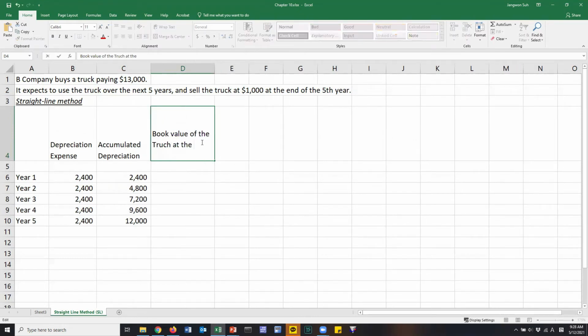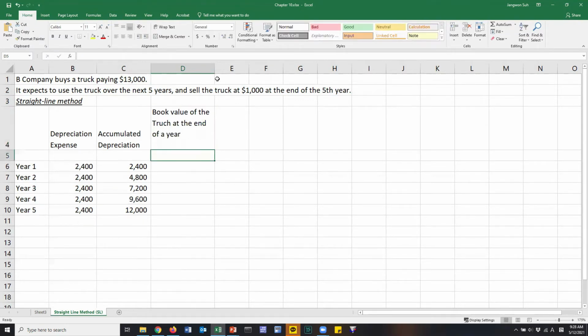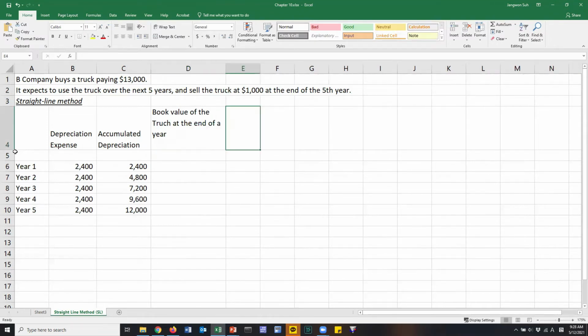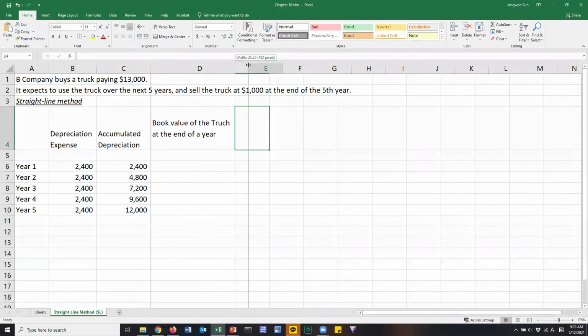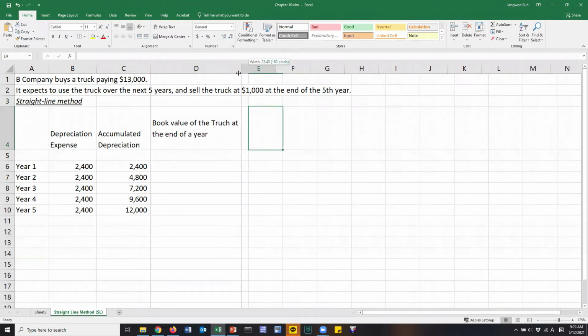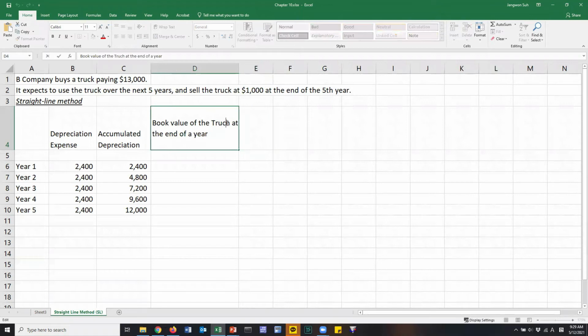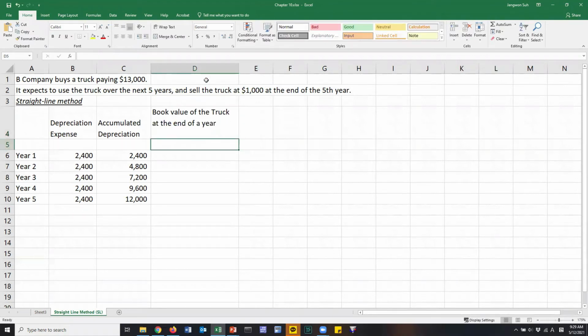At the end of a period, at the end of a year, book value means its net value after the depreciation. That's what I call the book value here.